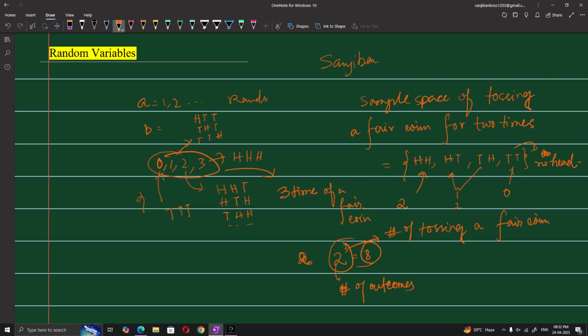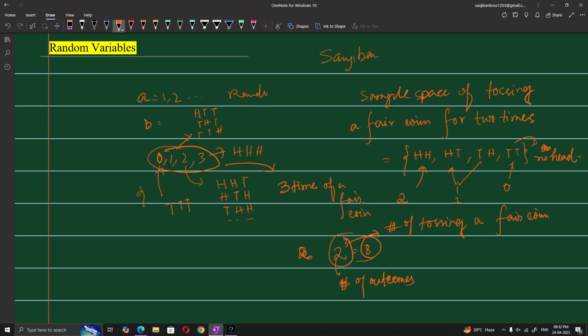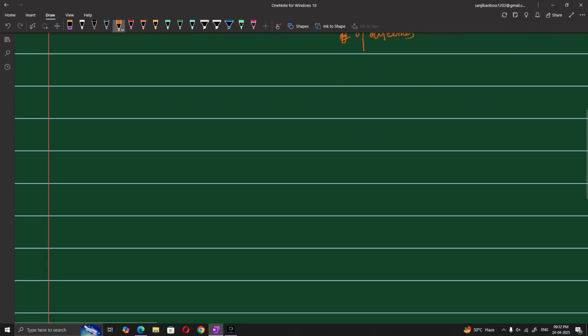And the respective probabilities. What is the probability of getting 0 head?